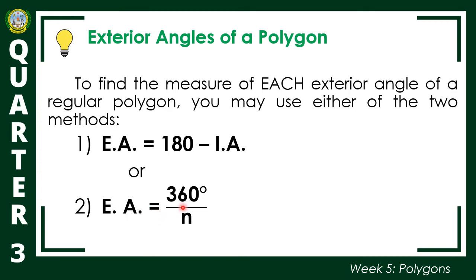So, that is 360 degrees divided by N. Okay? So, di ba? Tandaan po natin na ang bilang ng sides ng polygon, ganun din po yung bilang ng exterior angles niya. Okay? Since 360 degrees nga po yung sum ng exterior angles ng lahat ng convex polygon, that means hahati-hatiin mo lang yung 360 na yon sa kung ilan yung exterior angles ng polygon.